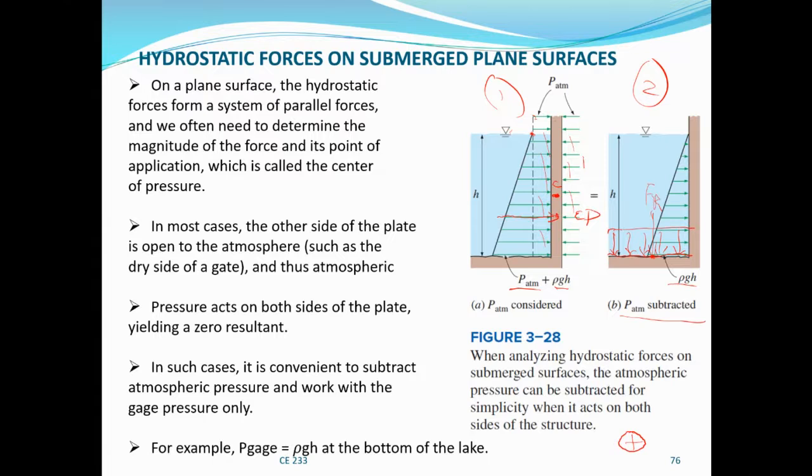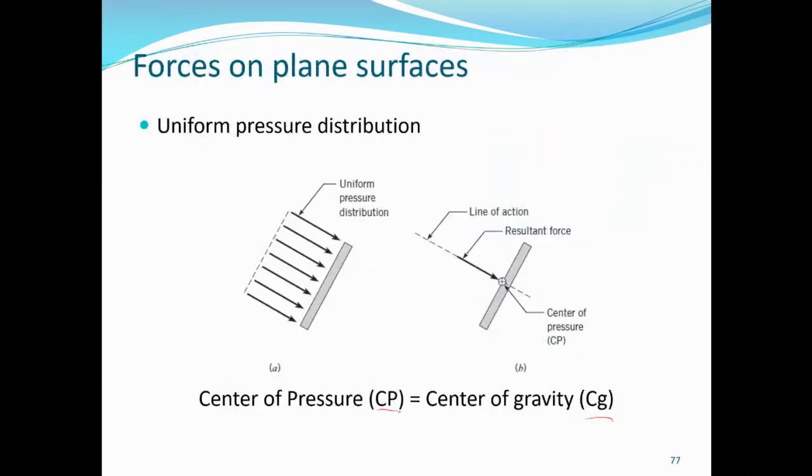So for vertical and inclined plates, the center of pressure does not coincide with the centroid of the plane surface. But for a horizontal plate, when you have a uniform pressure distribution, the centroid of the plate coincides with the center of pressure.